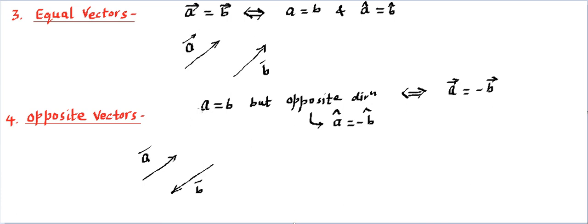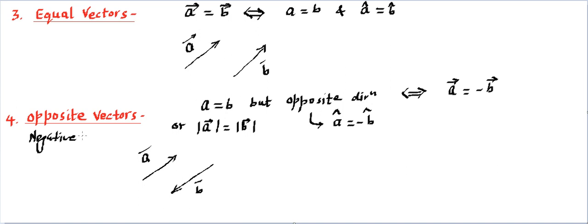Here I have used the symbols A and B. You can also use the magnitude of A vector is equal to the magnitude of B vector, because we know when we take the magnitude, the minus sign does not make any sense. So this or this, they are the same thing, right? The minus sign plays a role with the direction. Because of this minus sign, we call them opposite vectors. Sometimes they are also known as negative vectors.